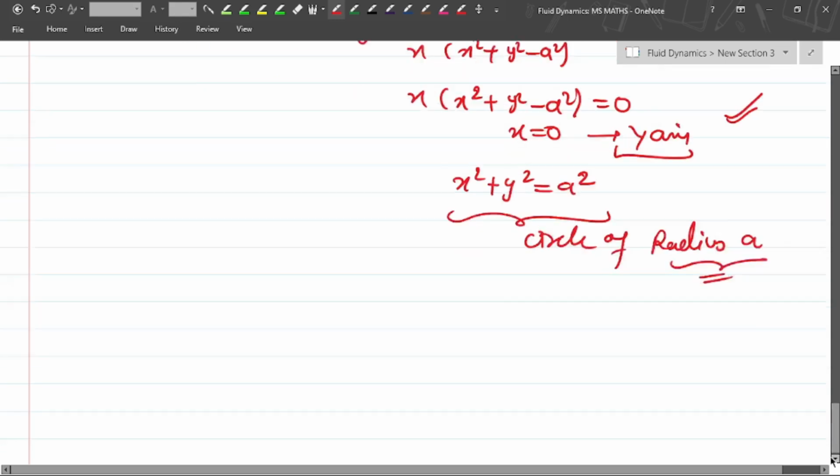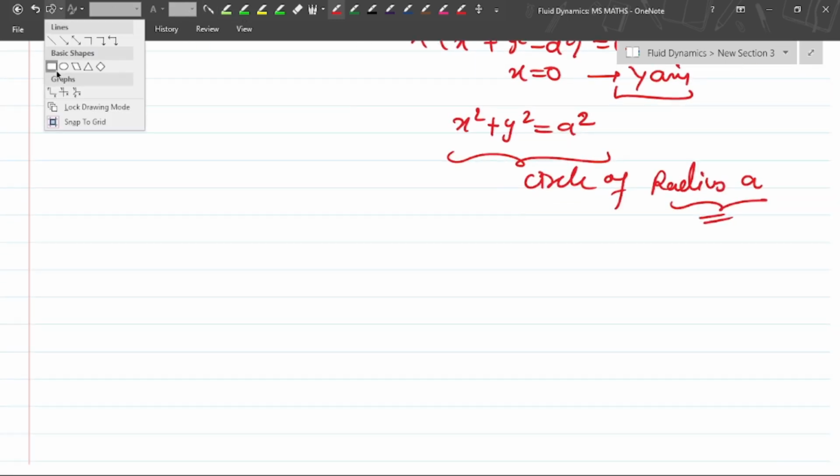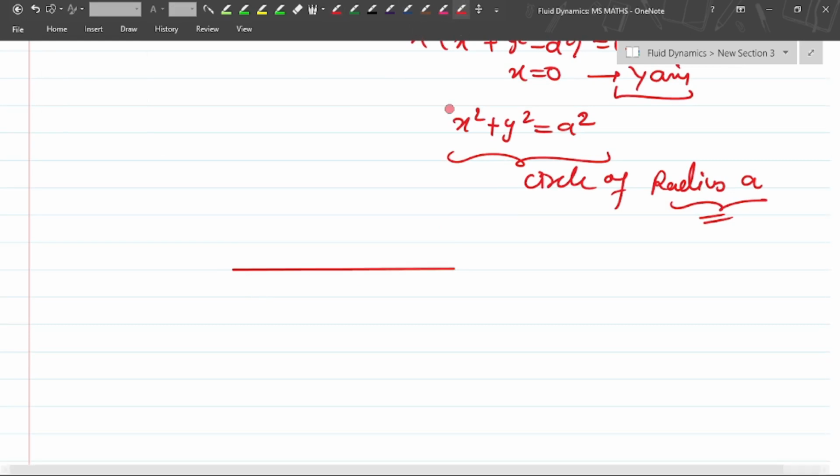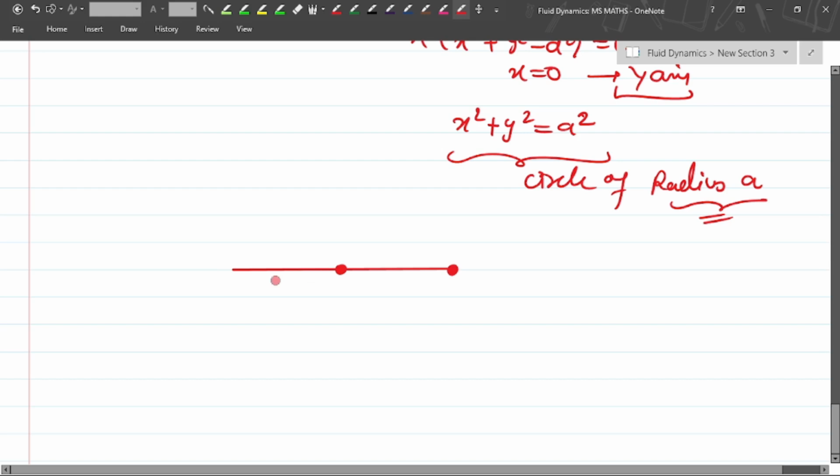Now, what is the rough sketch for this? What are the positions? We have earlier shown that the sink is at a comma 0, the source at 0 comma 0, and the sink at minus a comma 0.